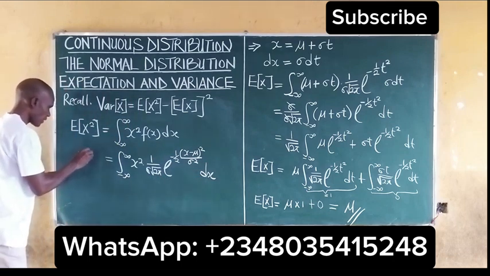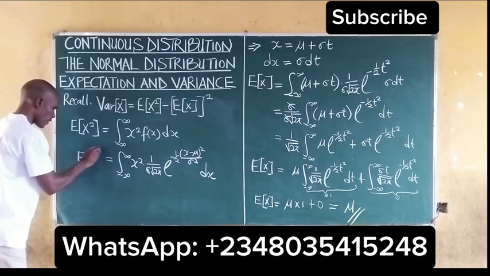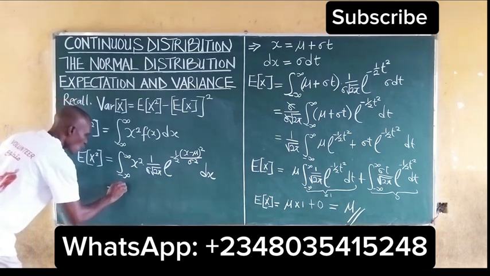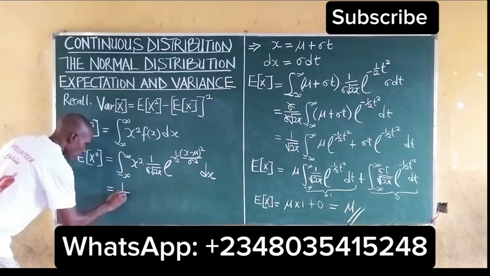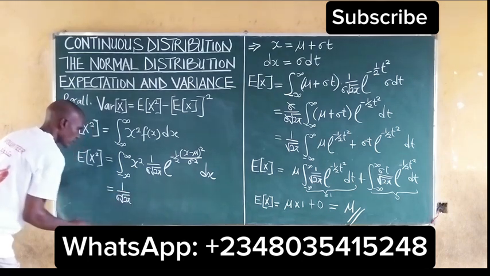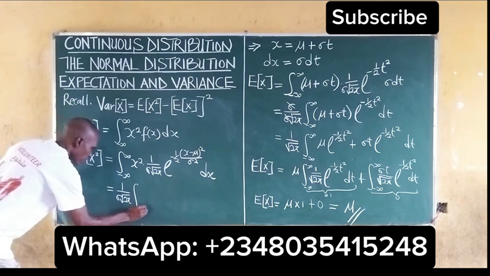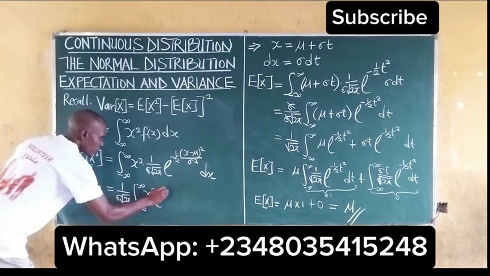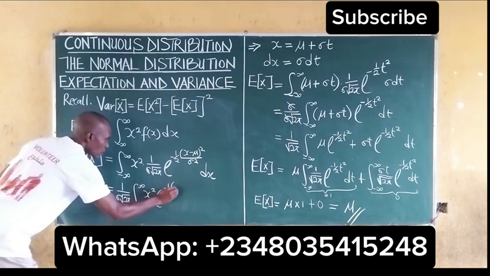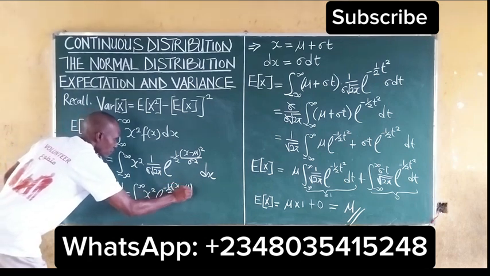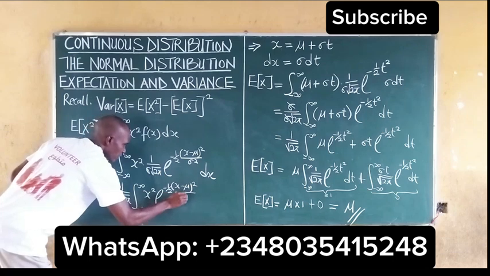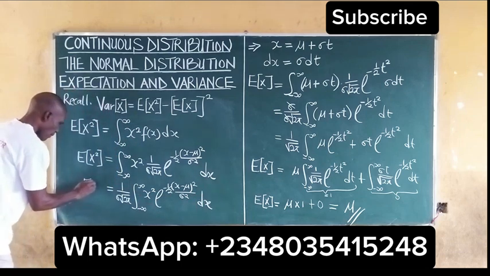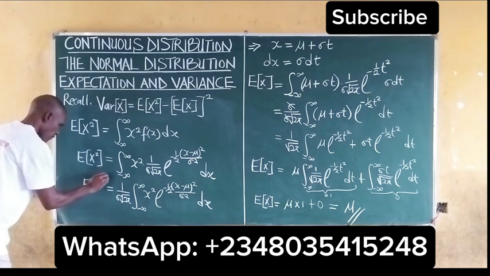So this is our expected value of x squared. Of course, we can bring this out if we wish to give us 1 all over sigma square root of 2 pi, the integral of x squared exponential negative 1 all over 2 x minus mu squared all over sigma squared dx.